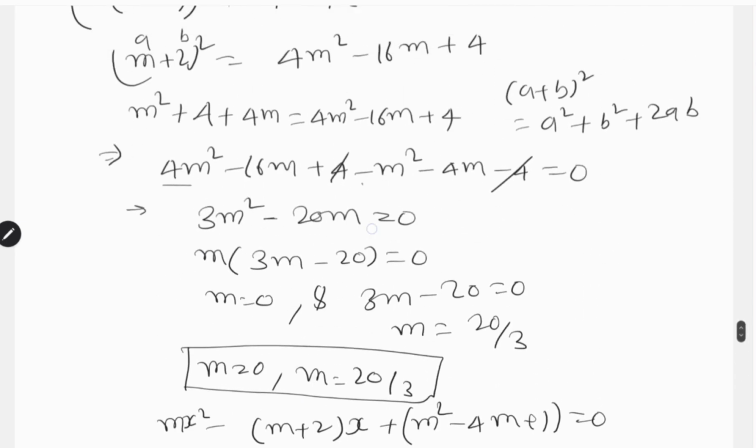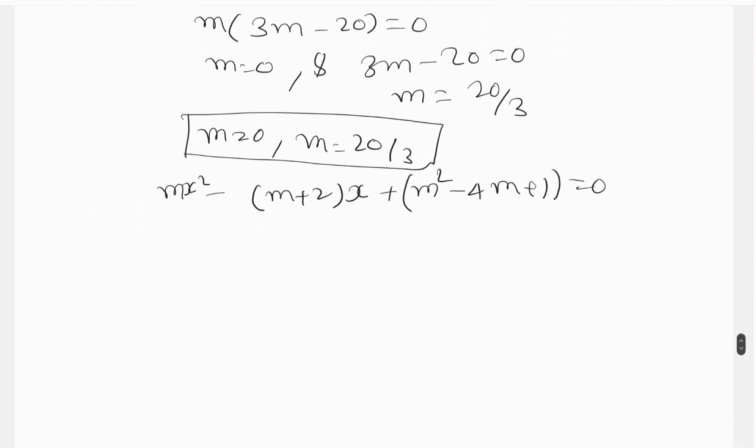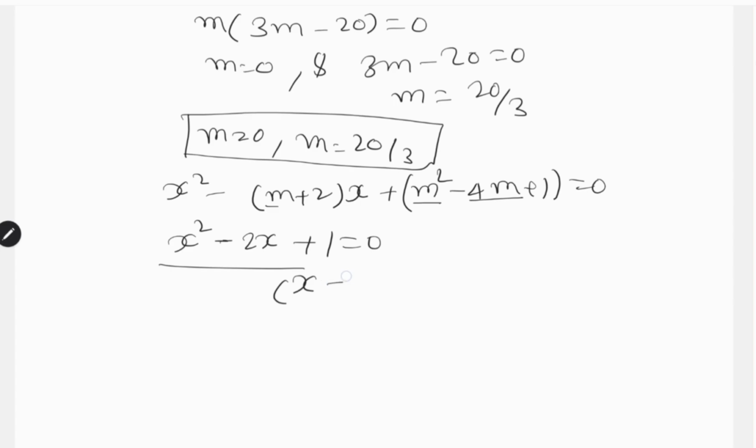For m equal to 0, that is x square minus 2x plus 1 is equal to 0, then that is (x minus 1) whole square, okay. That is a perfect square and equal roots, okay.